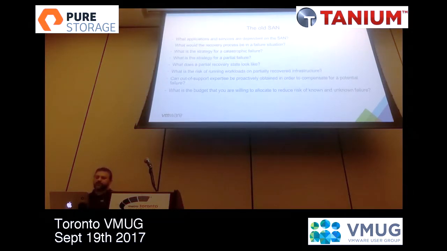So getting back over to the old SAN. Some things you can do to ensure that you're making the best use of that SAN and not putting things at risk is to look at what applications and services are associated with that SAN, and what the recovery process would look like in a failure situation.